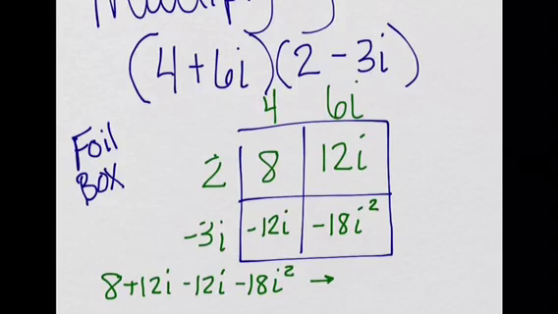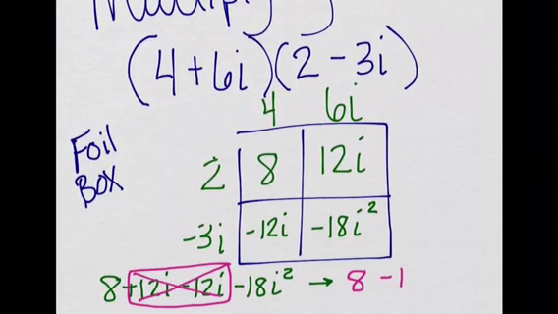Hopefully you guys notice that the 12i and the negative 12i, those are like terms. They actually cancel each other out. I have no i's left over. So what I have left here is 8 minus 18i squared. But if you remember yesterday, I told you that rule that we aren't allowed to have anything except for an i to the first power in our final answer.